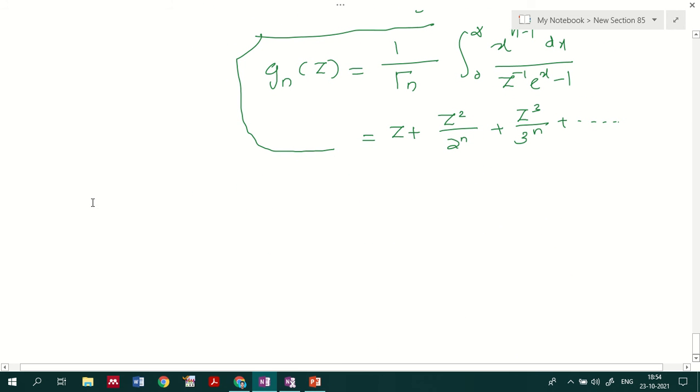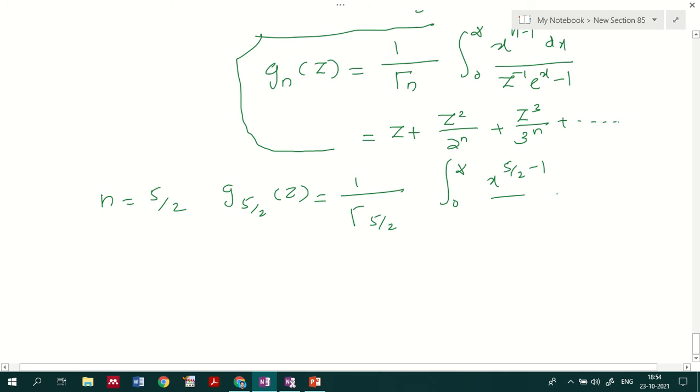Now here we know that in the above case we will be having n equal to 5 by 2, and g 5 by 2 of z is equal to 1 by gamma 5 by 2, integral 0 to infinity x raised to 5 by 2 minus 1 divided by z raised to minus 1 e raised to x minus 1 dx.